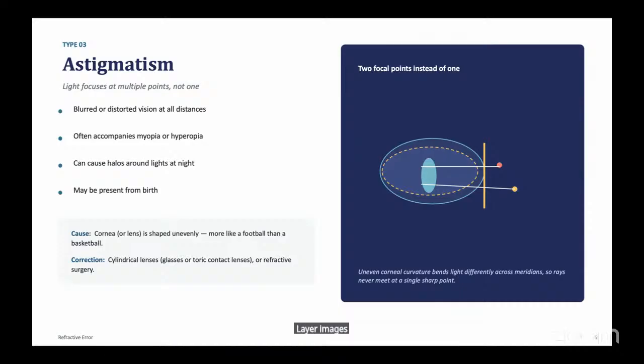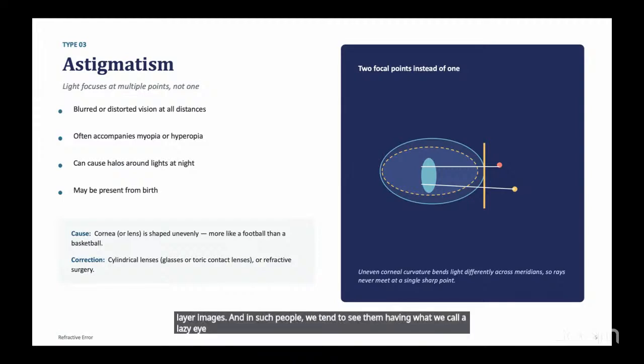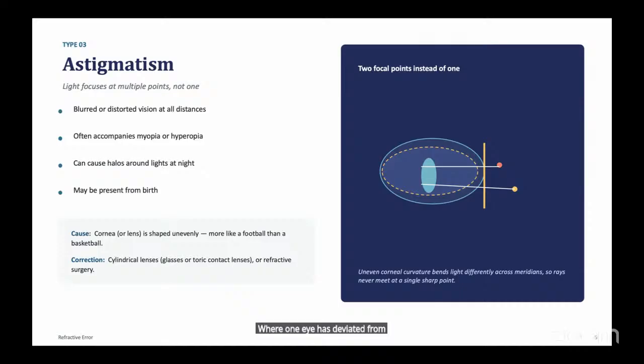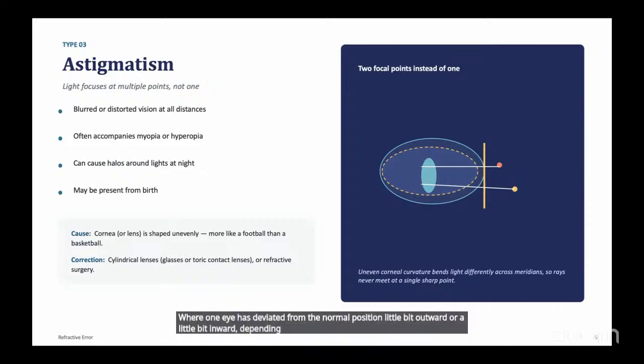And in such people, we tend to see them having what we call a lazy eye, or what we locally call allochemy, where one eye has deviated from the normal position a little bit outward or a little bit inward, depending on the type of refractive error. Assuming one eye has a higher refractive error than the other, in that instance, the brain will prefer the eye that has the least refractive error and forget the other one.